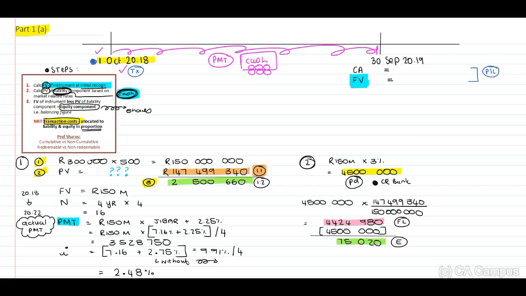And when you look at your step number 2 on the left side of your screen, you will remember that we did calculate the payment value, and this will be the 3,528,750. But remember, this is quarterly.